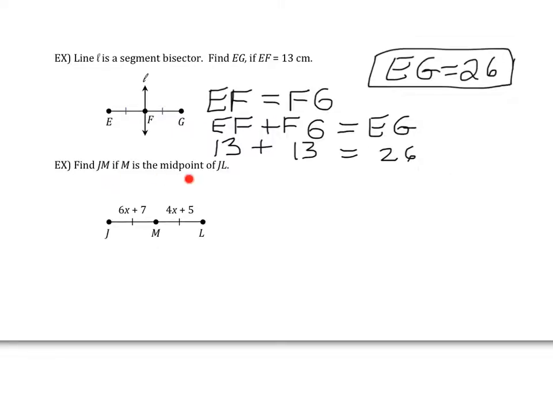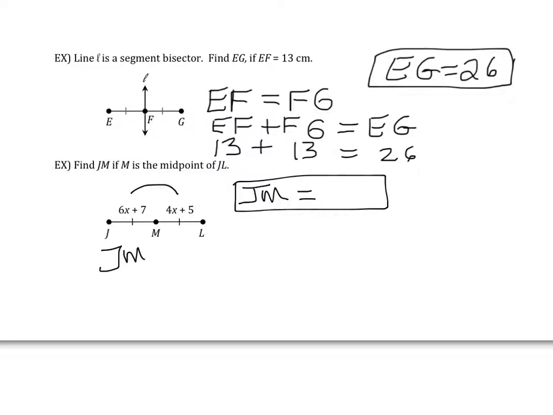The next example, we're looking for JM if M is the midpoint of JL. Again, we have an exactly in the middle point, so JM equals ML. We want to find JM, and we're given 2 algebraic expressions, 6x plus 7 and 4x plus 5.